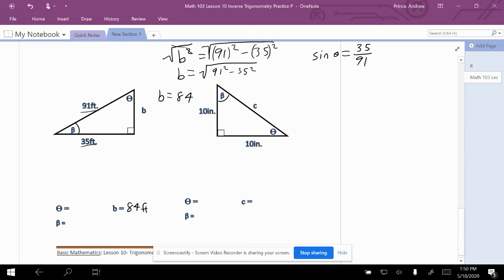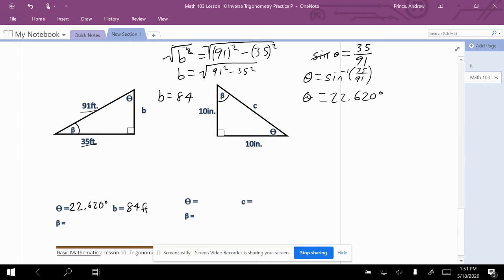So skipping a step and getting rid of the sine on this side, we're going to have to take the inverse sine of 35 over 91. And I get an angle of 22.620 degrees.